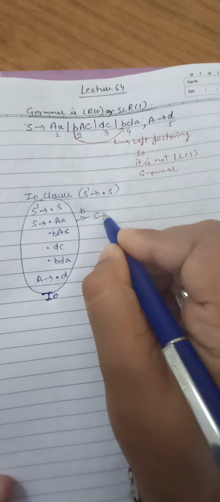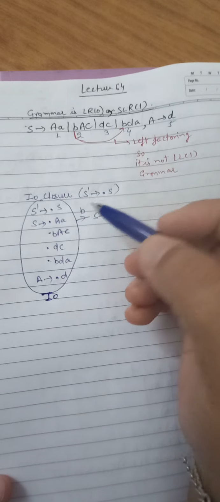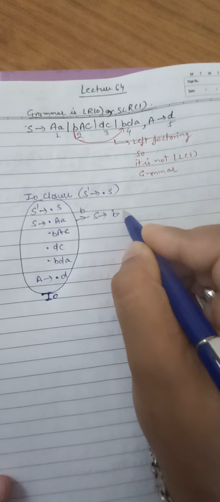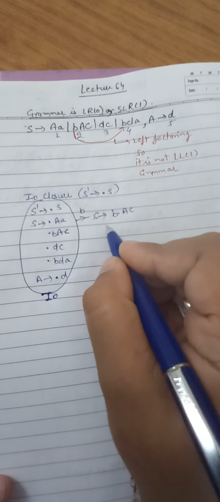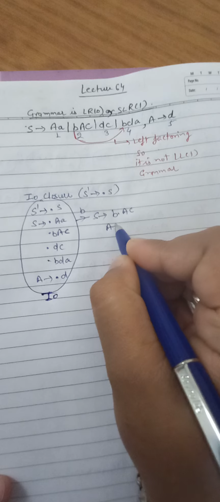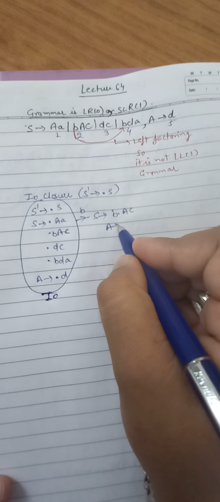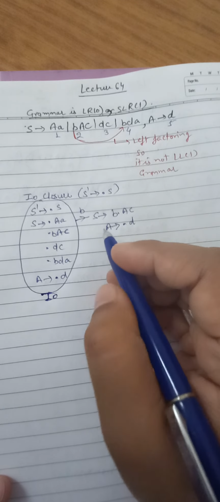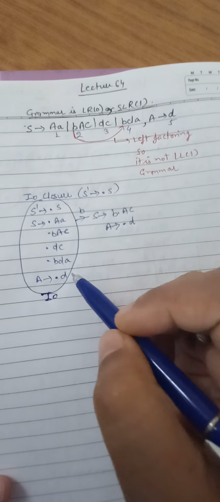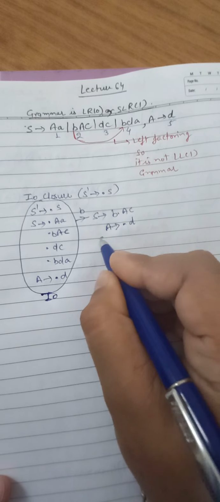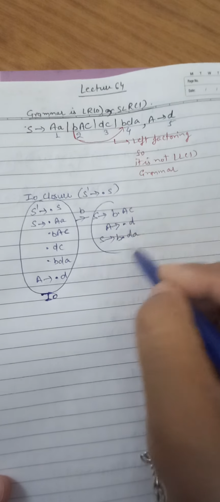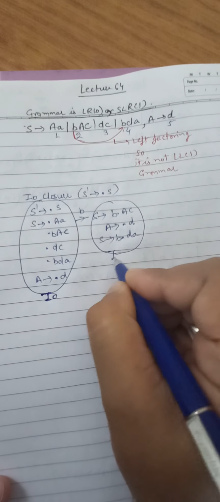So S tends to B dot AC and A tends to dot D because A is here, and this is another B, so S tends to B dot DA. So this is I1.